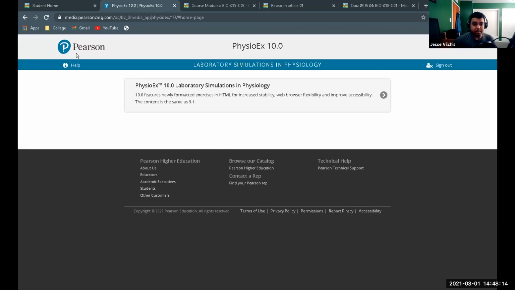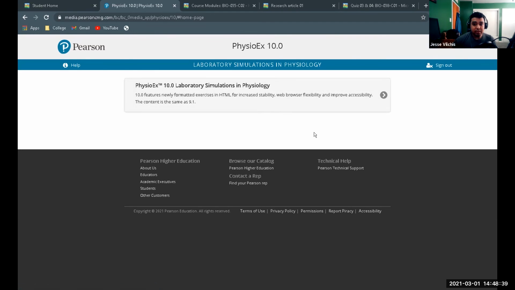Unlike the lab simulations where after you finish the simulation, the grade will automatically be uploaded to Canvas, so you'll be able to see your grade as soon as you finish the Labster, with Physio, after you log in or after you buy it, you're going to go through the link on the Canvas shell, and you'll be able to get to this page where after you sign in, this is what you'll see.